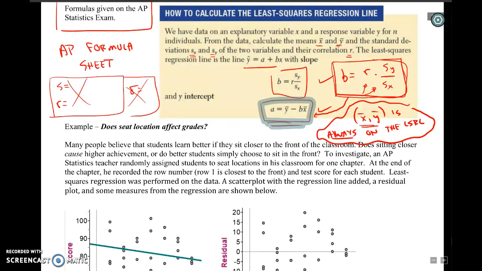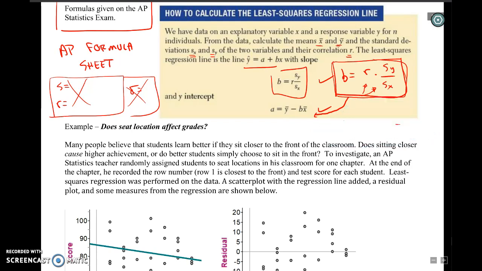But if you have your b value, your slope, and you want to find your y-intercept, basically, y equals a plus bx. So if you know b, and you know the mean of your x's and the mean of your y's, if you plug all those in and solve for a, you get this.